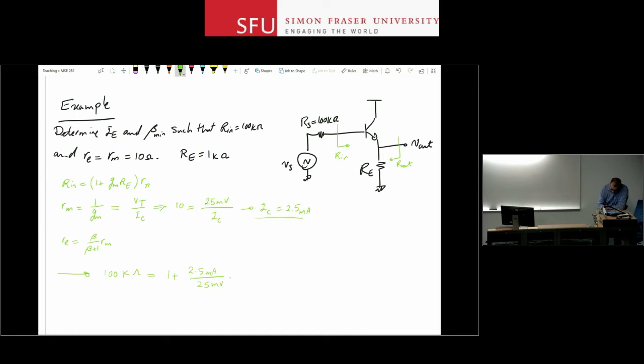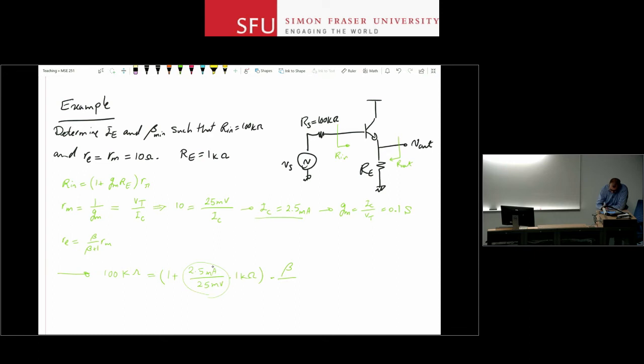So that times RE, so that's 1 times 1 kilo times R pi, which is beta over Gm. So times beta over Gm, and then again Gm is this value here. Let me just calculate Gm for this value. Gm is IC over Vt, and that is going to be 0.1 for these values of voltage and current.